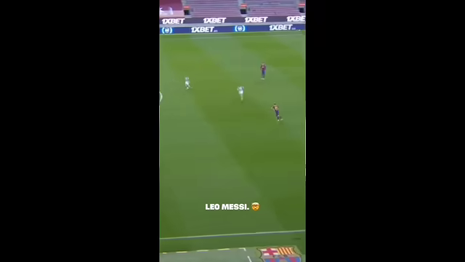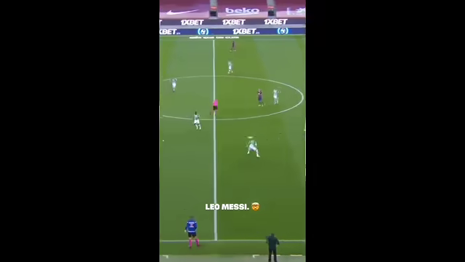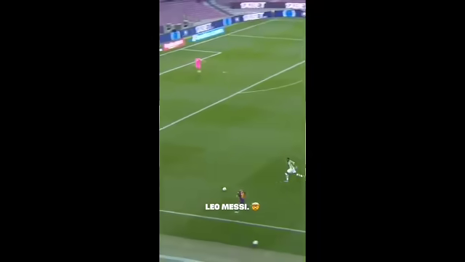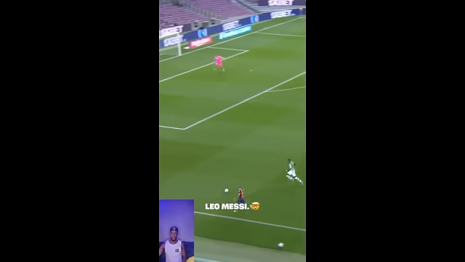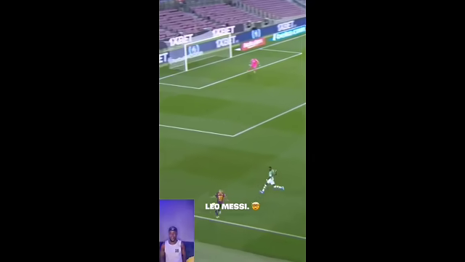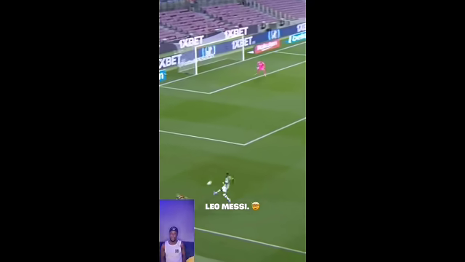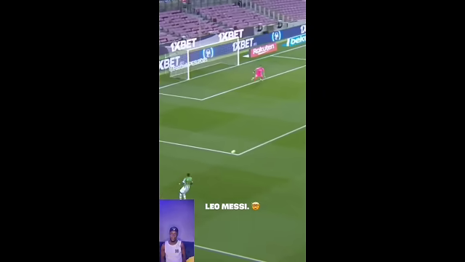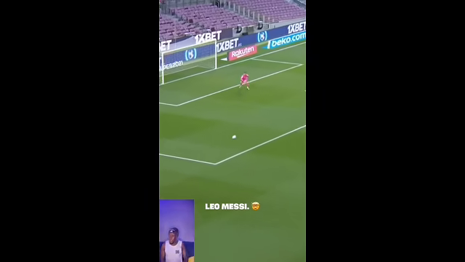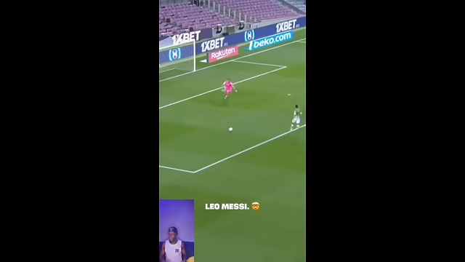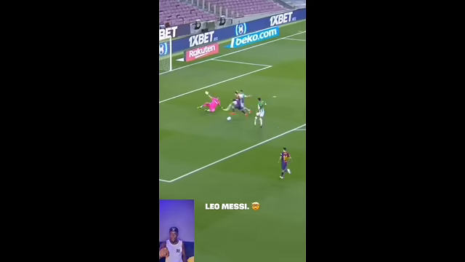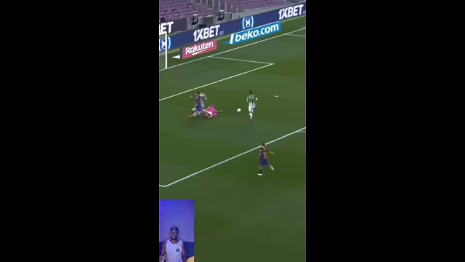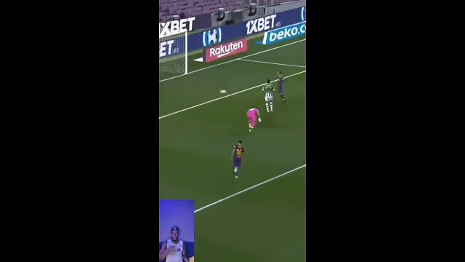Just look at this. How? Just watch. How did he even know that if he did not play that ball, the defender would not try to play it? Just look at that video. I think that was Iniesta who passed the ball to him.